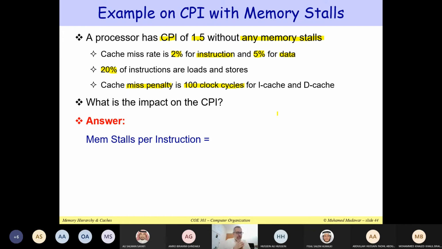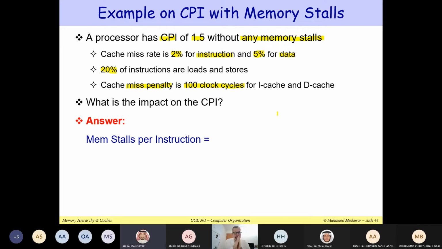So how do I calculate the memory stall cycles per instruction? Combined misses multiplied by miss penalty. But the combined misses have to be per instruction. So how do I do this?